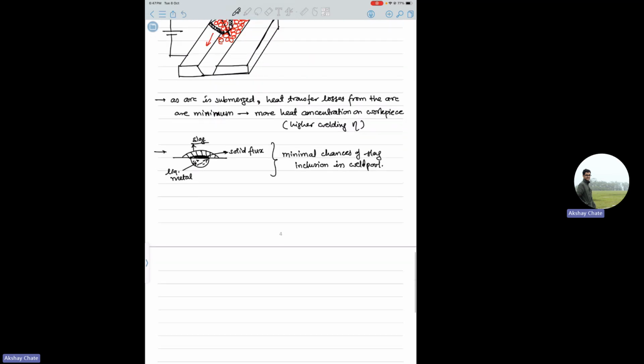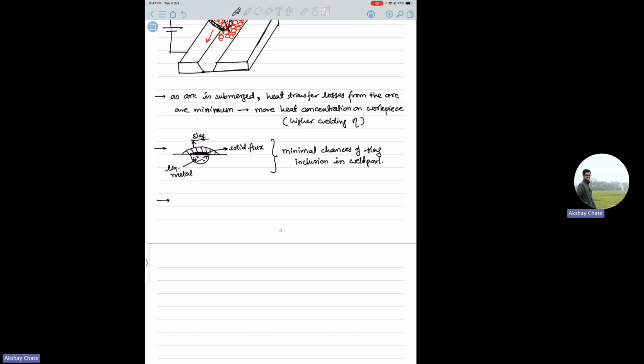Also, because of this covering, you'll have less splashing of liquid metal. There is one defect which is called weld spatter, so there will be less weld spatter.